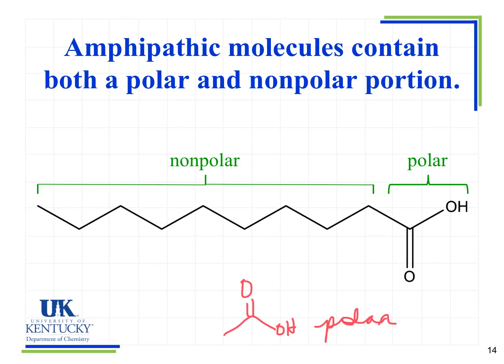There's actually a video on Sapling for you to watch about the triglycerides, which are how the fats are stored in our bodies, the triacylglycerols or triglycerides. So make sure you check out that video as well. So that's what we're doing in the groups on Monday and Tuesday.